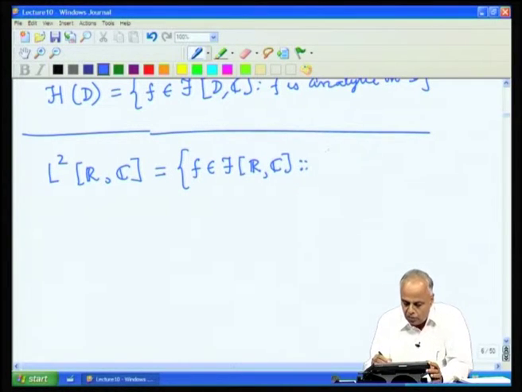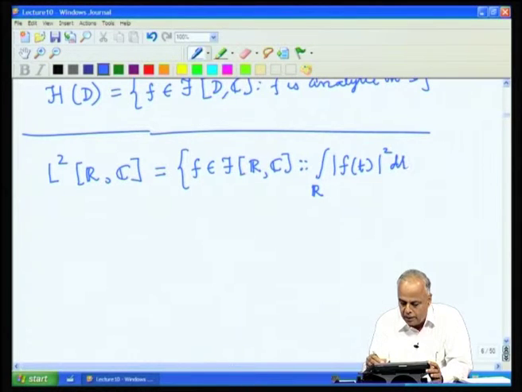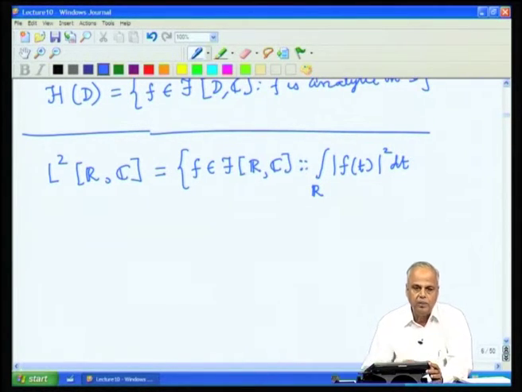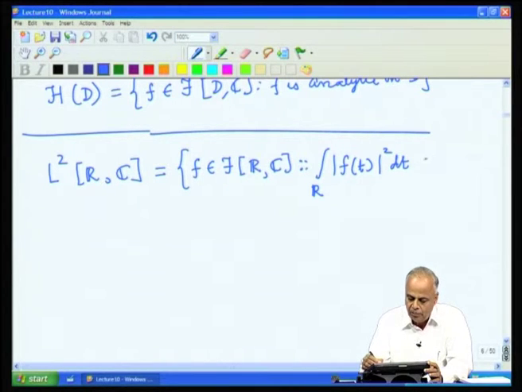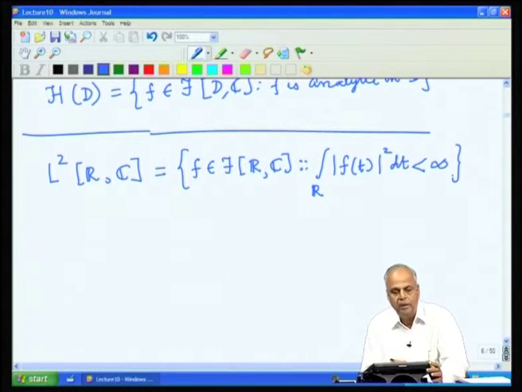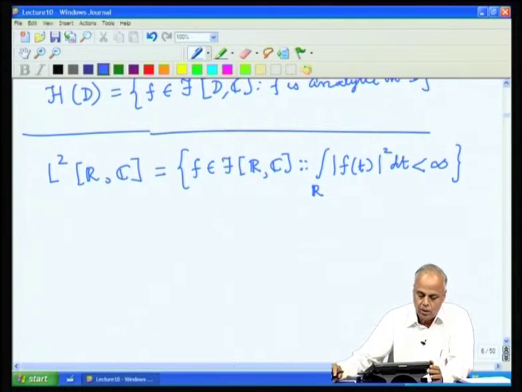This L2 stands for those functions for which, if I take mod f(t) squared dt, that is integrable. One has to be technical here, technically it has to be Lebesgue integrable, and that mod f(t) squared is Lebesgue integrable, the integral is well defined and the integral is less than infinity. This we will call L2(R,C).